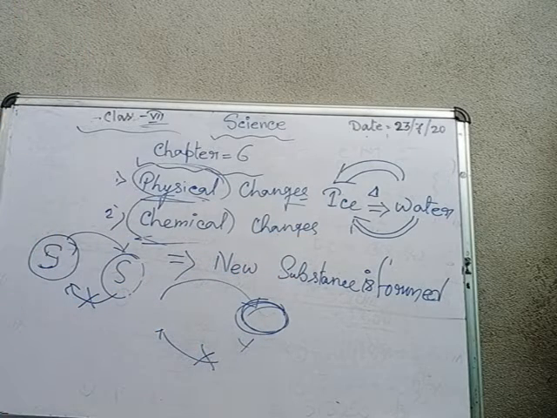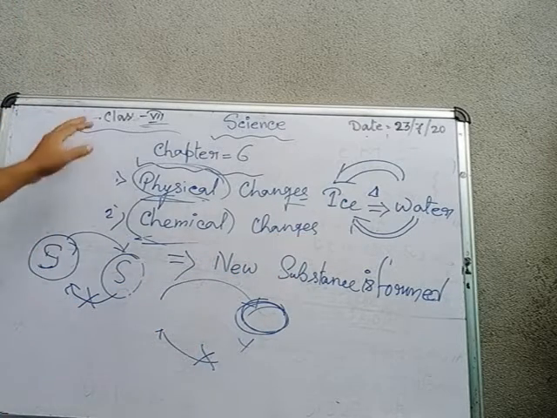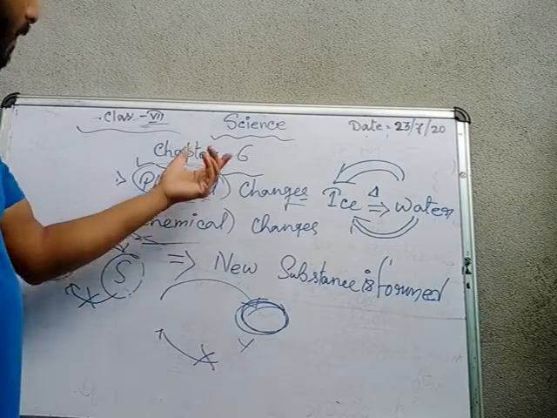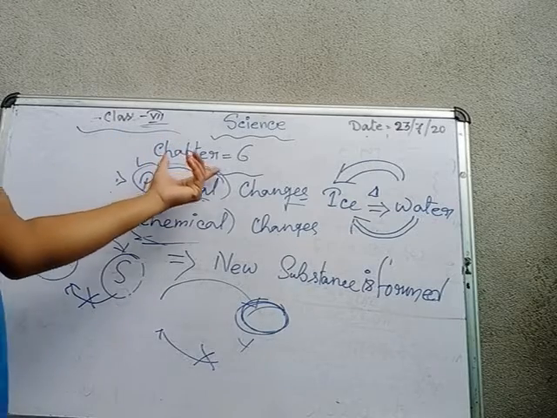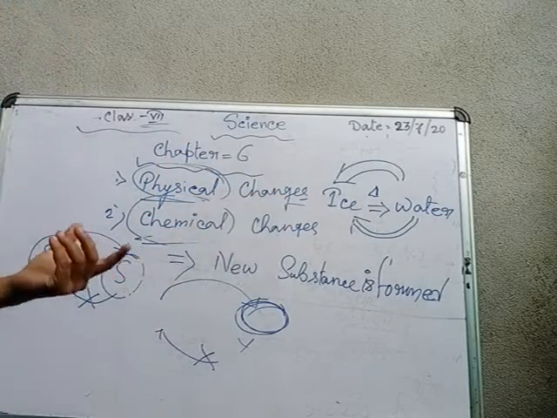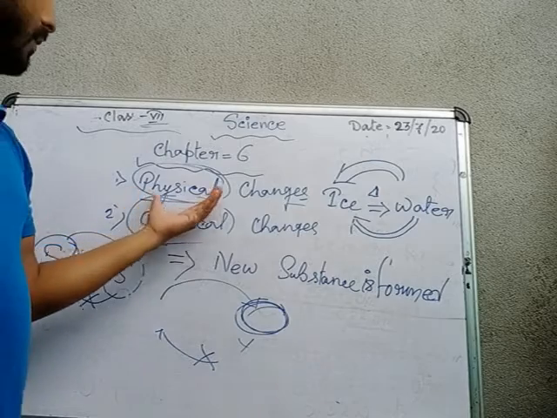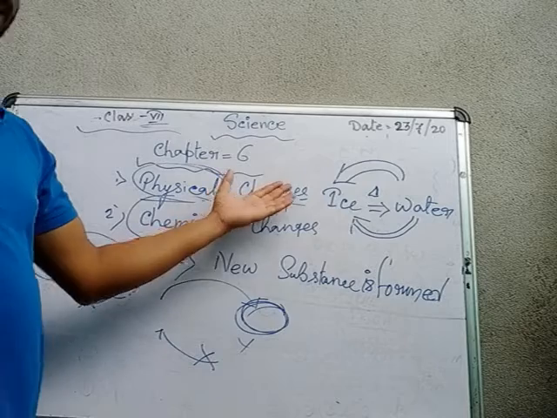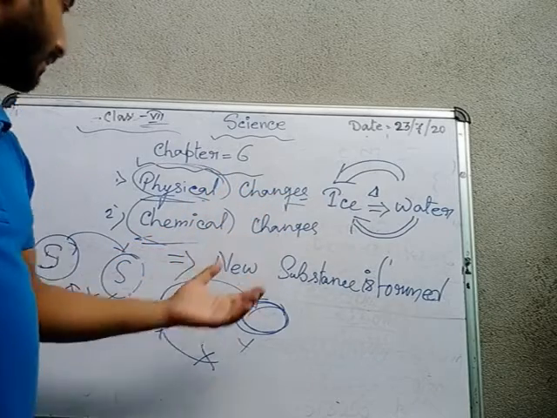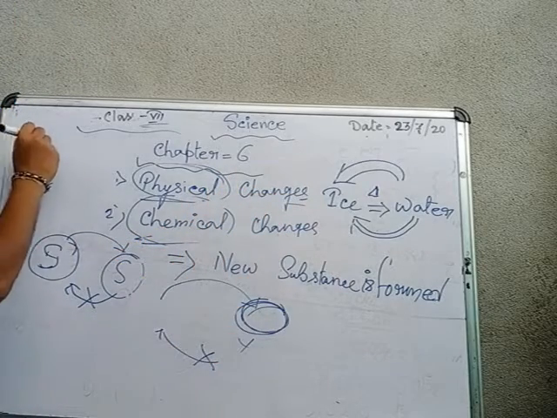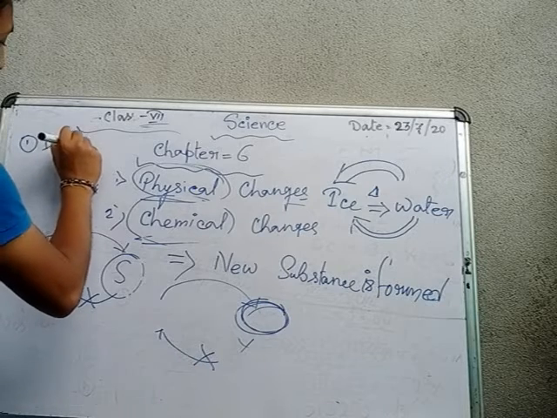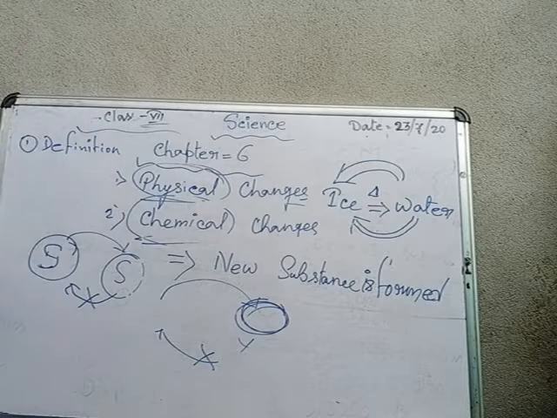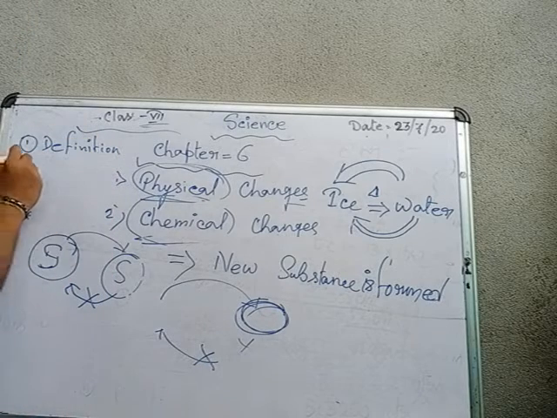So these are the main things for today: what are chemical changes and what are physical changes. You should learn the definition of physical changes and chemical changes, which you have to learn from your text.